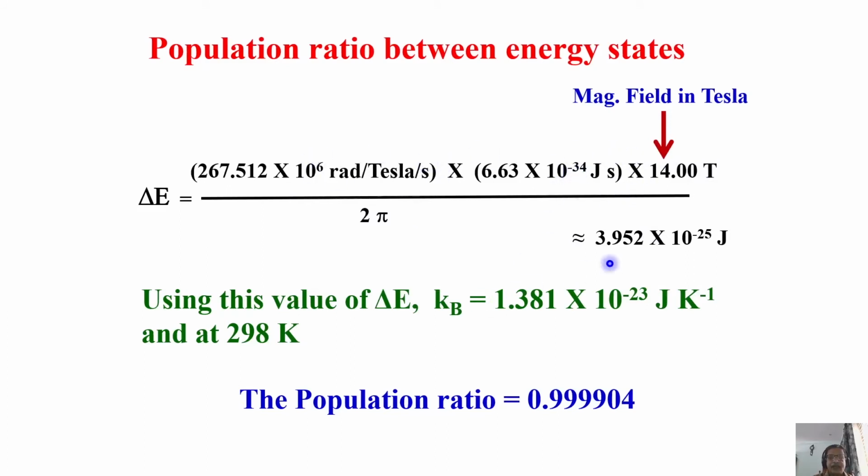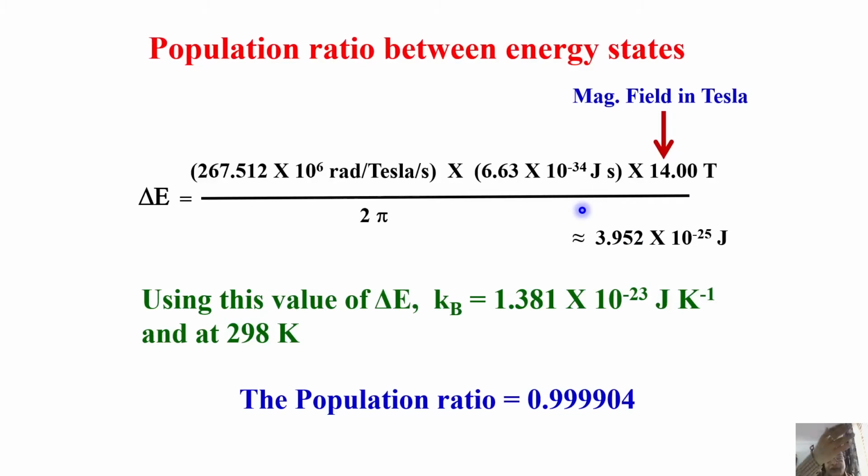Simply plug these values into the calculator and find out what delta E is. It turns out to be of this order, 10 to the power of minus 25 joules. That is the energy difference. Now we know delta E. I know k_B.